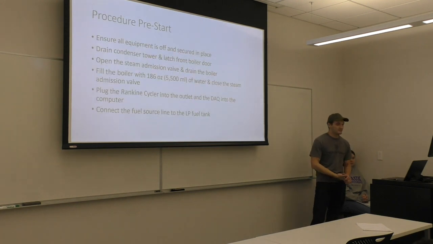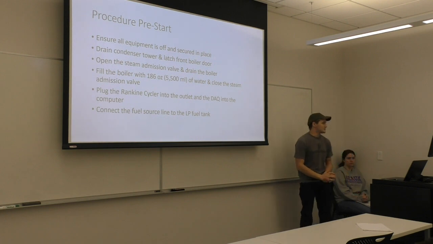So for our procedure, make sure everything's shut off and clean, and then we drain the condenser towers and make sure we have a baseline for our fluid level, and then you fill the boiler, plug everything in, make sure all the DACs are on, and then you connect the fuel source.